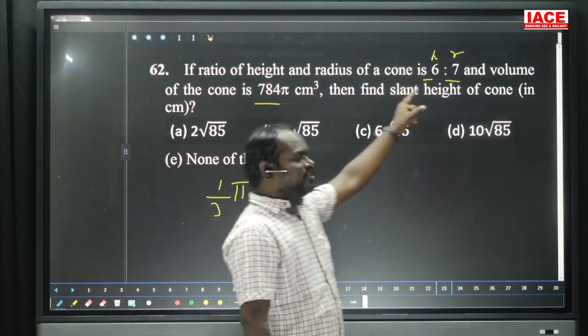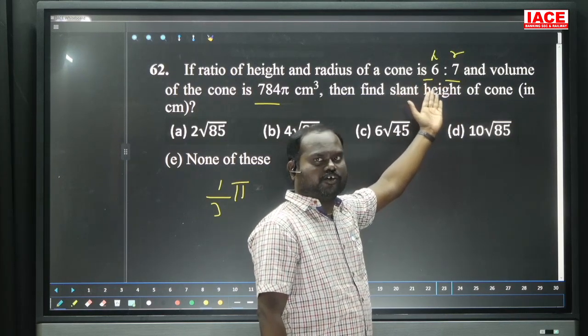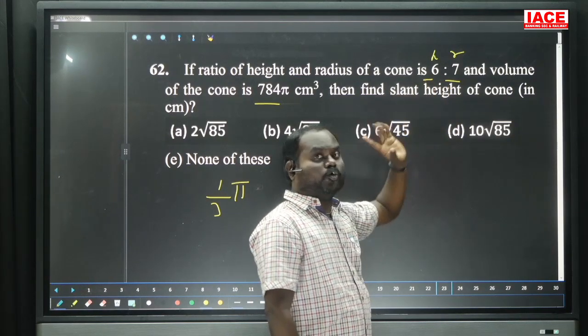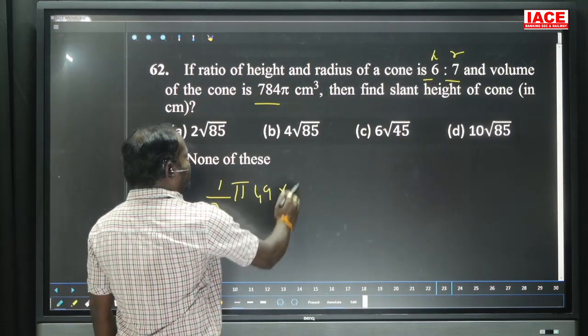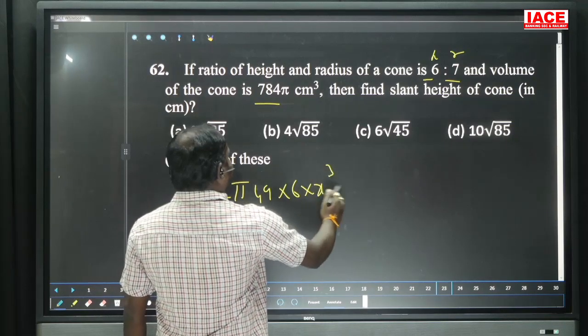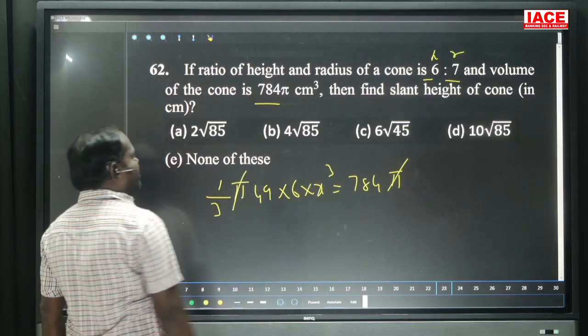Here r is 7, 7 square is 49, into 6. Let r be 7x and h be 6x, so it is x square, overall x cube. That means 49 into 6 into x cube is equal to 784 pi. This pi gets cancelled, no need to write the pi.